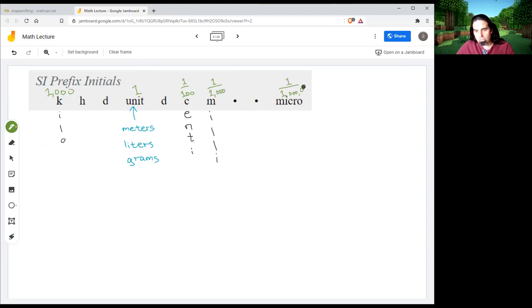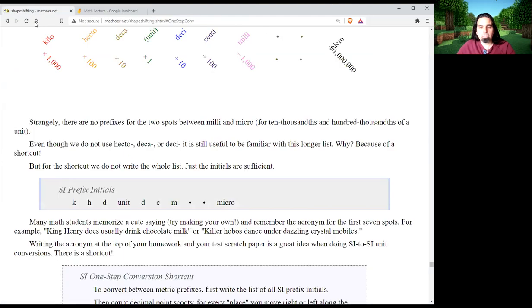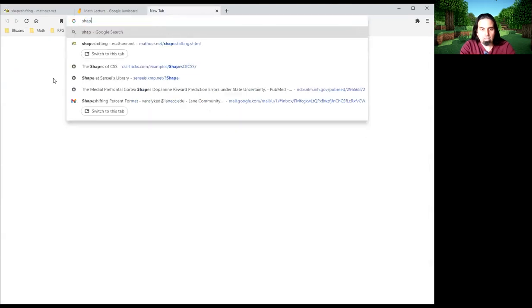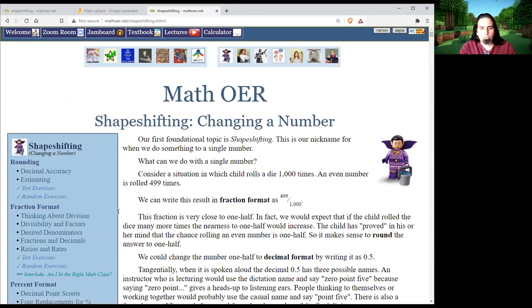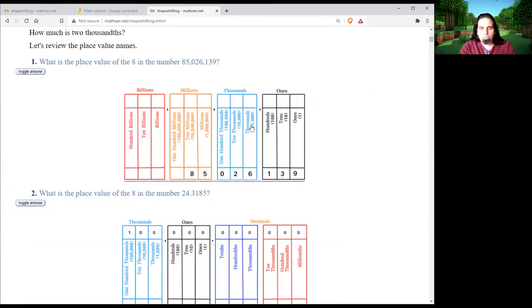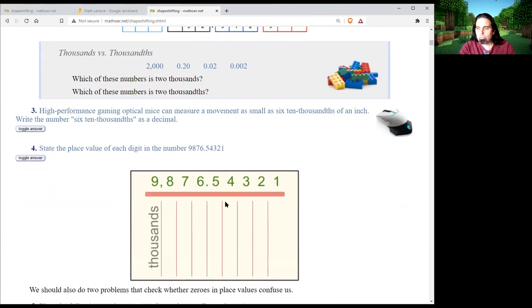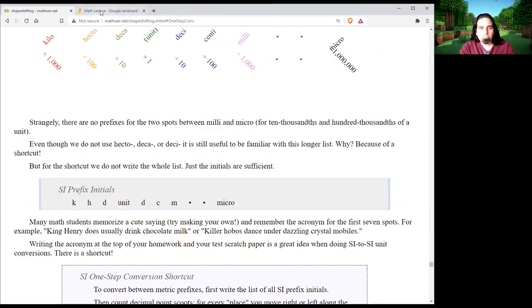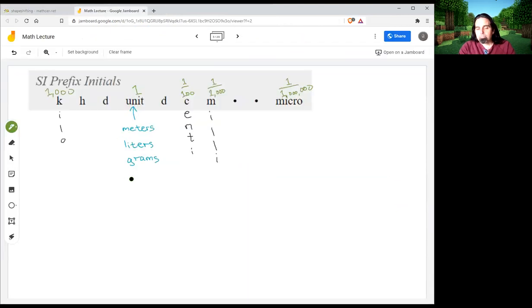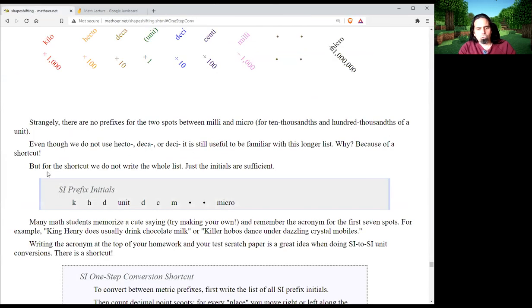And this should look a lot like what we started the class with, when we made these place value things. So it's the same kind of thing with place value that we did at the beginning. Why do we care about this list? Because there's a cool shortcut.